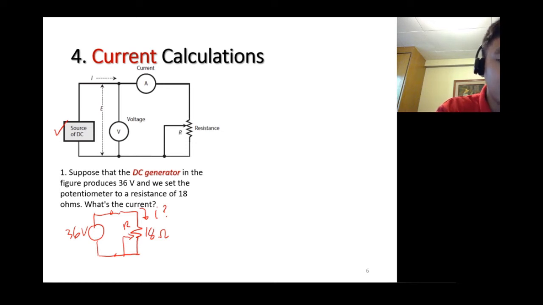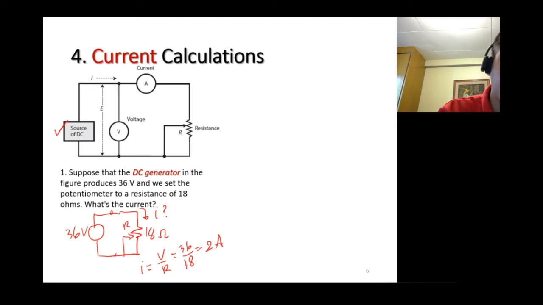Now using Ohm's law, we can solve this: I equals V divided by R, or V equals IR. So 36 divided by 18 is 2. This is 2 amps.